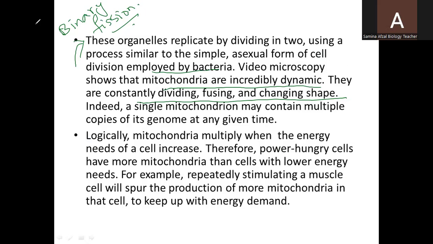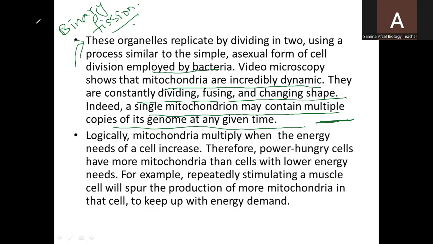Their number will increase. Indeed, a single mitochondrion may contain multiple copies of its genome at any time, so they can make many copies. Logically, mitochondria multiply when the energy needs of a cell increase.